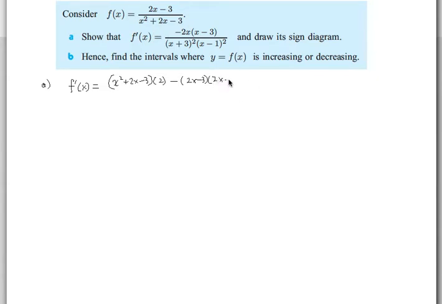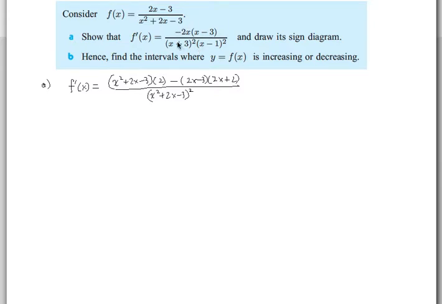So that's 2x plus 2. And all of that divided by the bottom squared, right? So the bottom is (x squared plus 2x minus 3) quantity squared.